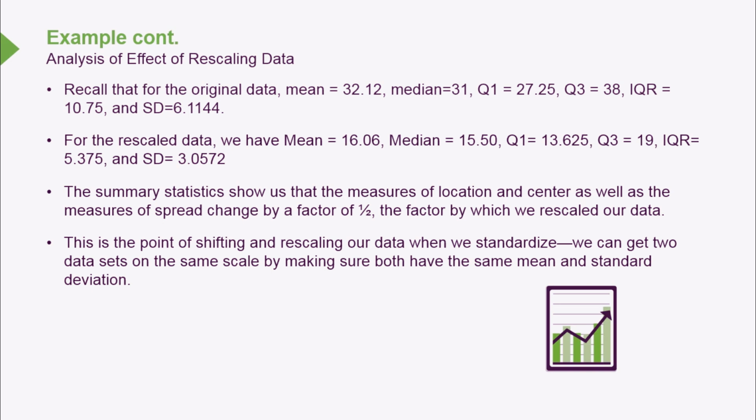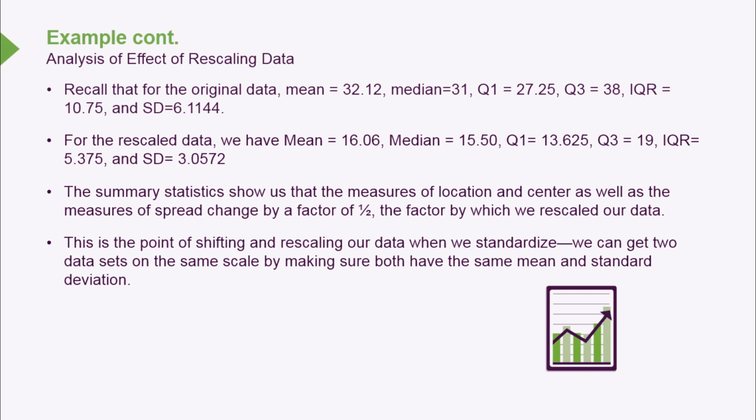For the rescaled data, we find that the mean is 16.06, the median is 15.5, the first quartile is 13.625, the third quartile is 19, the interquartile range is 5.375, and the standard deviation is 3.0572. So what happened? Well, the summary statistics show us that the measures of location and center, as well as the measures of spread, changed by exactly a factor of 1/2 when we rescaled the data.